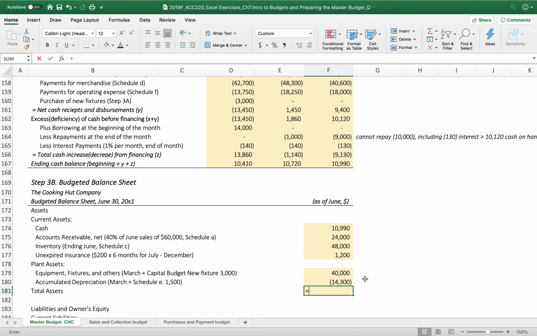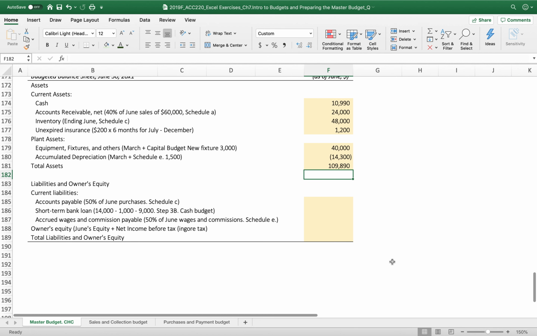So the total asset amount on the budgeted balance sheet is 109,890. Then finally, the liability and the equity section.